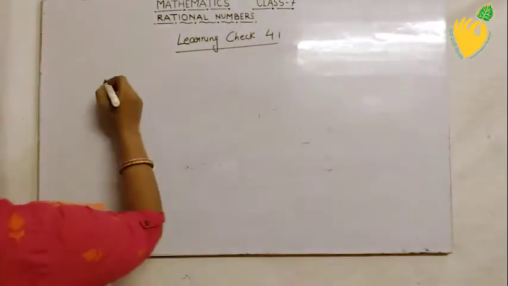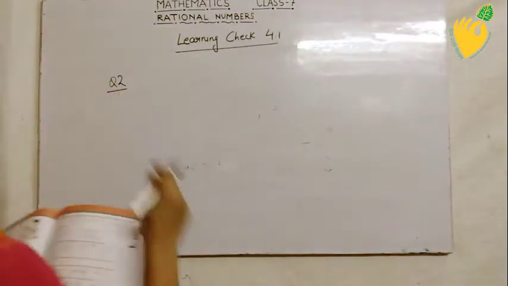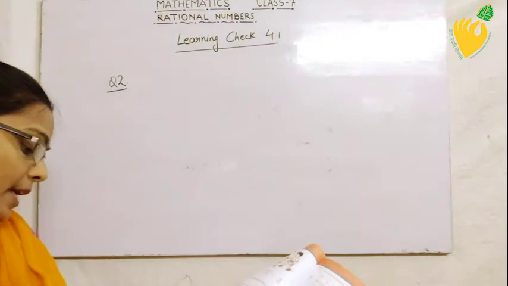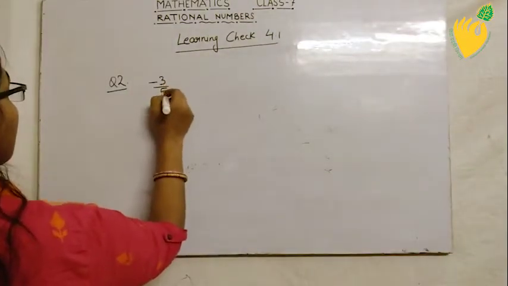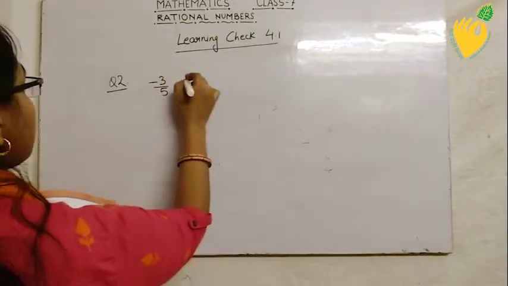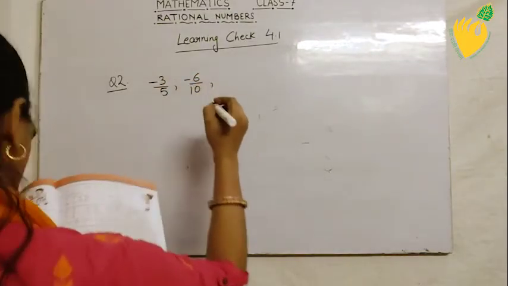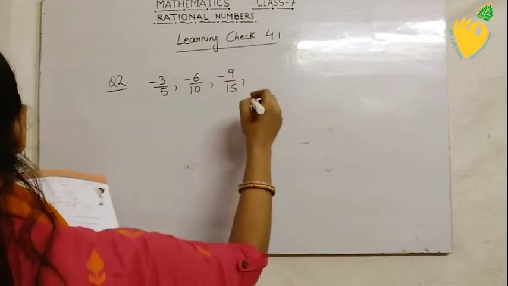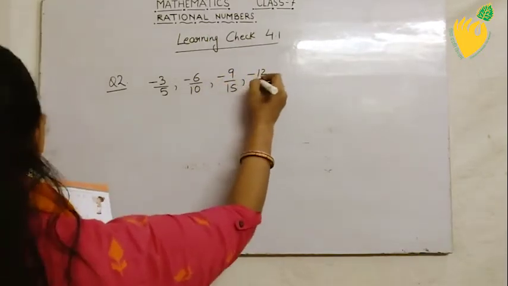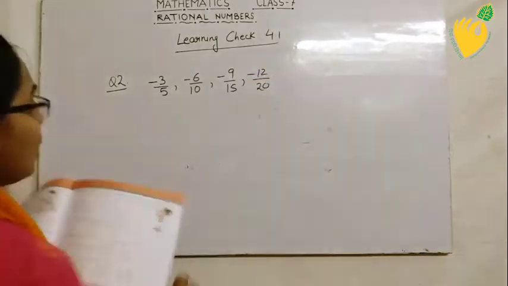See question number 2. A pattern has been given to you: minus 3 upon 5, minus 6 upon 10, minus 9 upon 15, minus 12 upon 20.